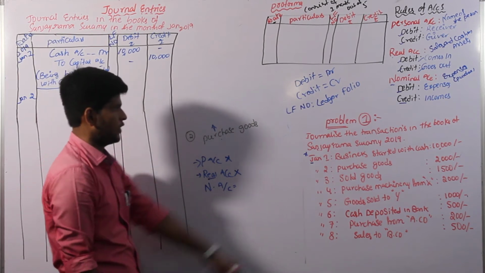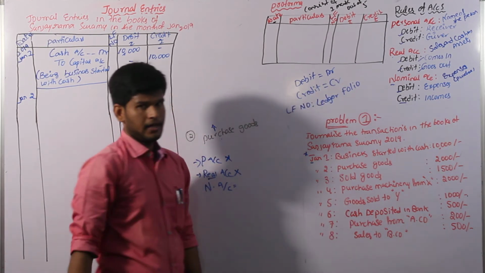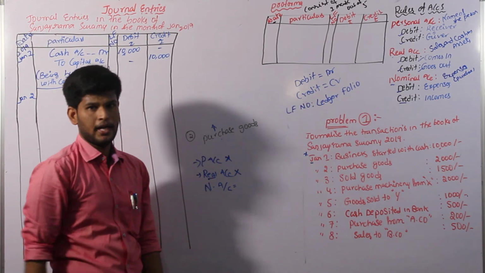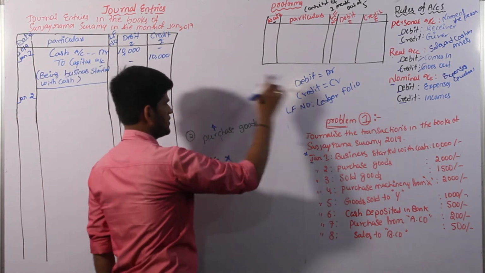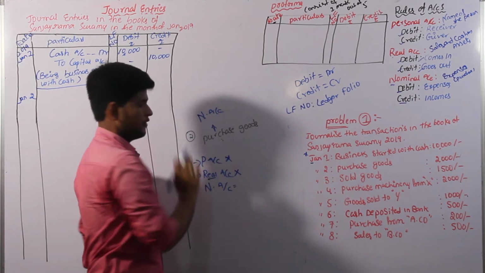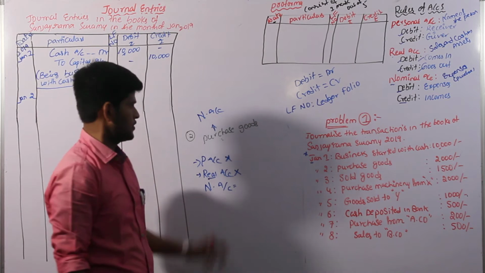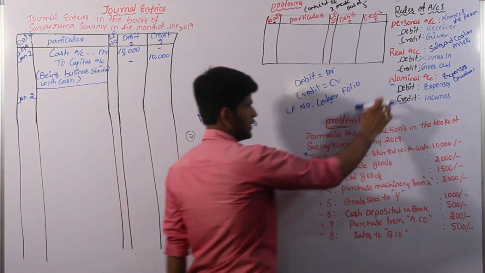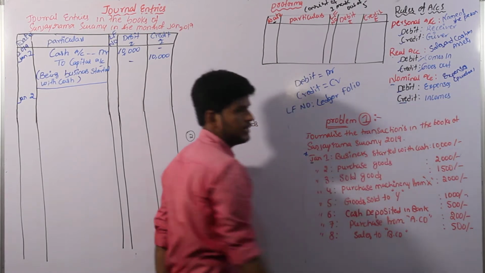And come to the third account, nominal account. Nominal account relates to expenses. Expenses again have examples like purchase, payment, paid. Here we have purchase, so purchase relates to nominal account. We can identify the rule, but the system we can't identify, so again we go to the rules. In nominal account we have to write expenses on the debit side and incomes on the credit side.